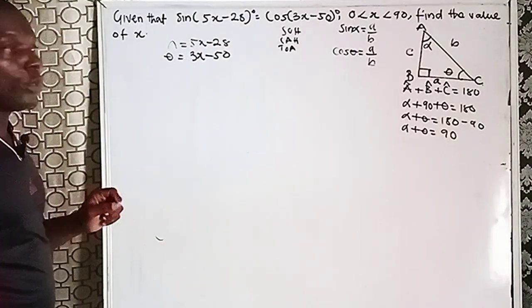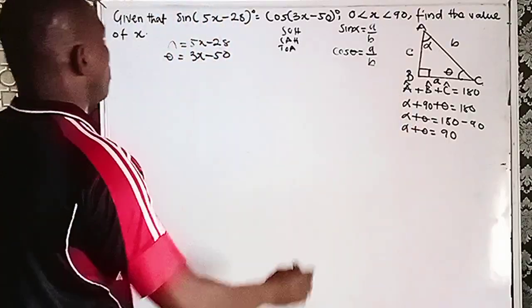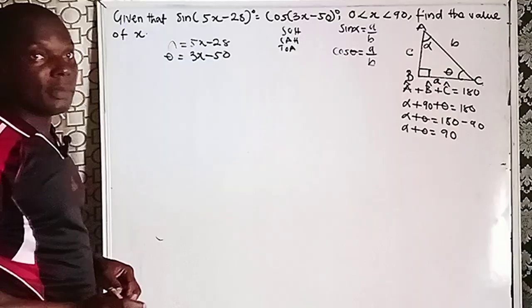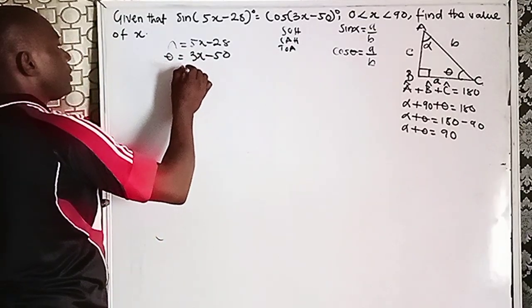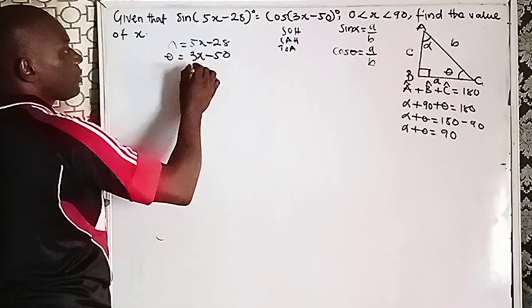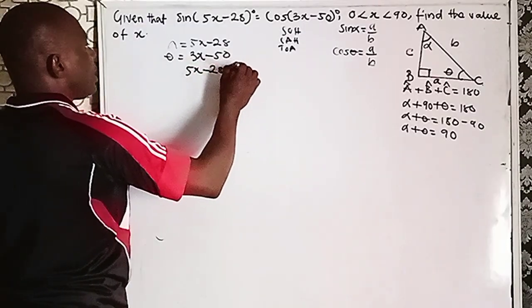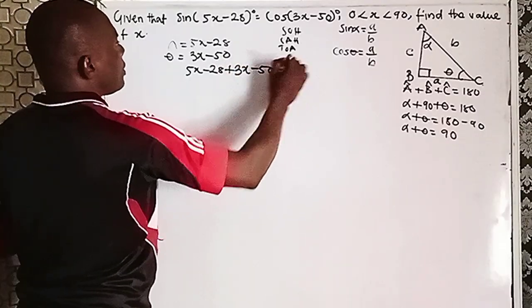Since sine and cos are the same at this point, 5x minus 28 plus 3x minus 50 equals 90.